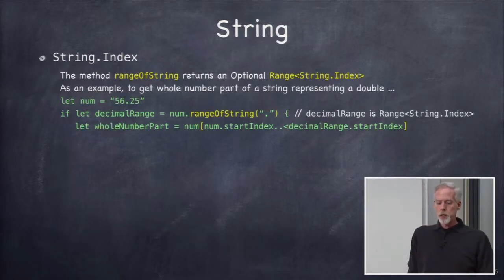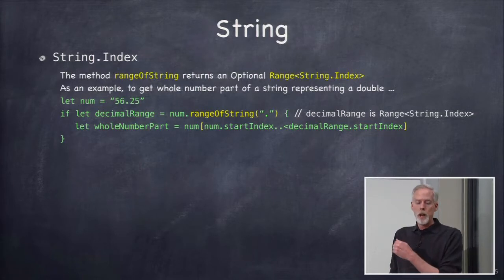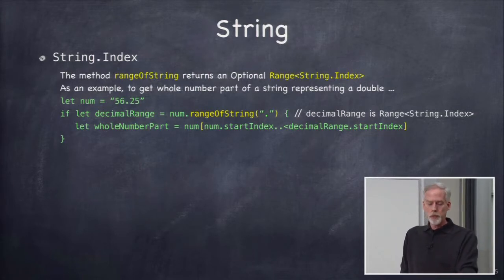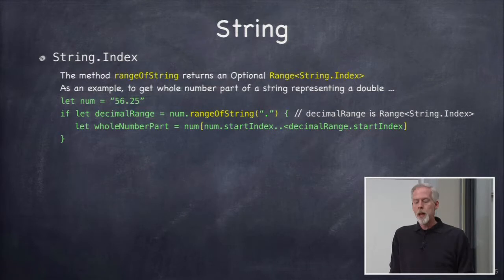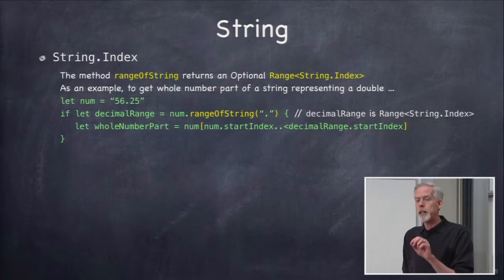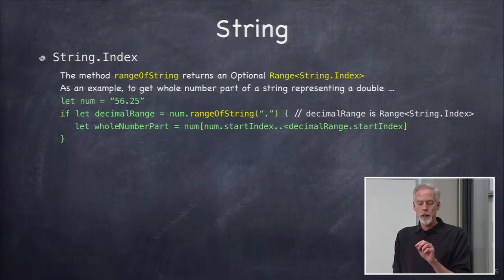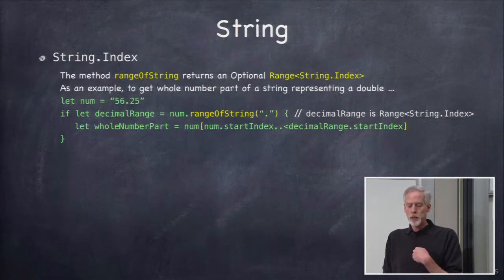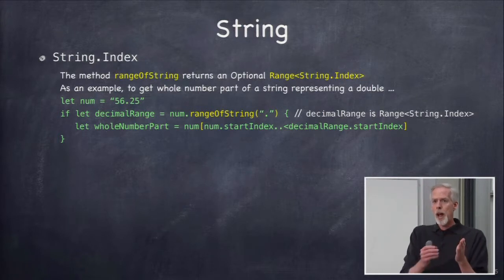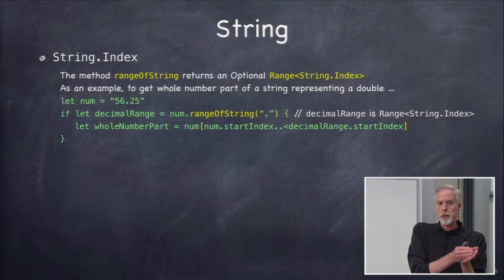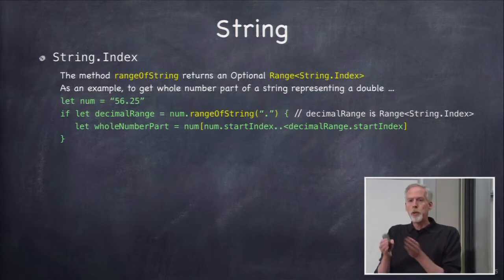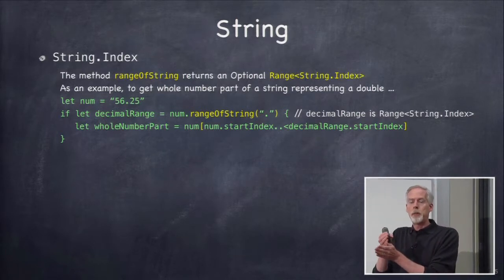So for example, if we wanted to get the whole number portion of a string that had a number, let's say I have 56.25 as a string, I want to get the whole number part. I could just say find me that decimal point, and that's going to return a range if it can find it, if there's a decimal point in there. And I'm going to grab the part from the num's start index, you see the num is the number, all the way to where the decimal is, not including the decimal.